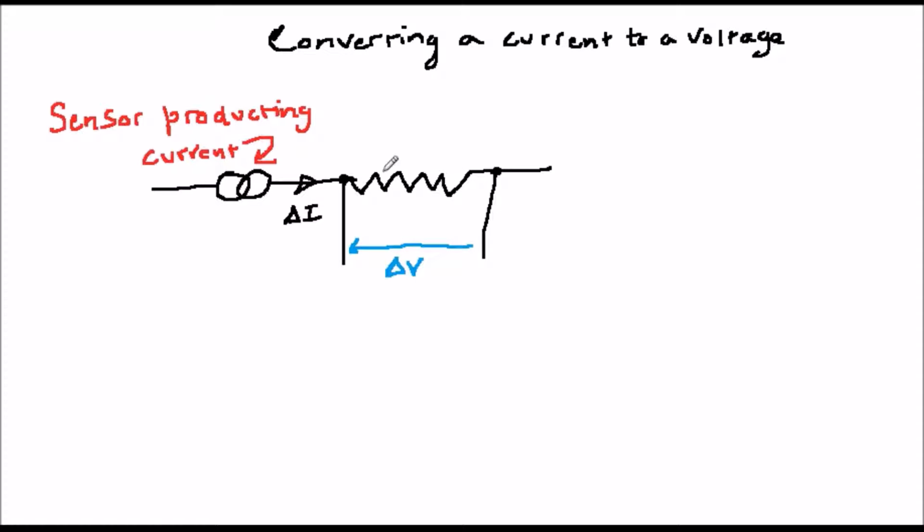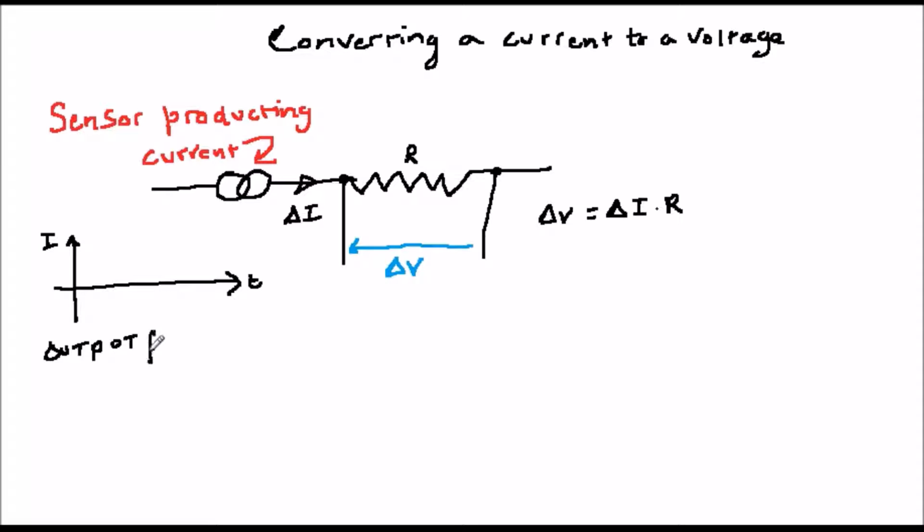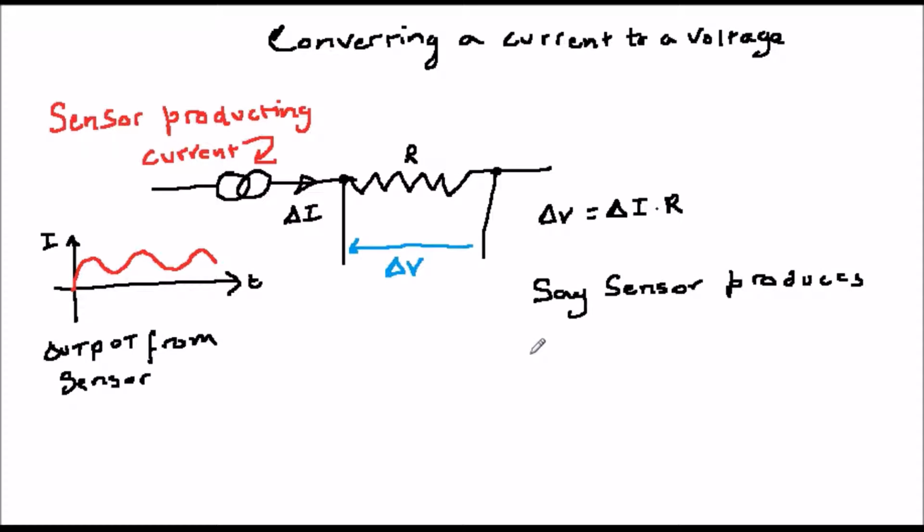You will see later on an important application of this principle when we discuss transistors. So in this example, let's say that we have a current which varied between 0 and 5 milliamps, and we can feed this into the 1K resistor, and this would produce a voltage which varied between 0 and 5 volts as the output.